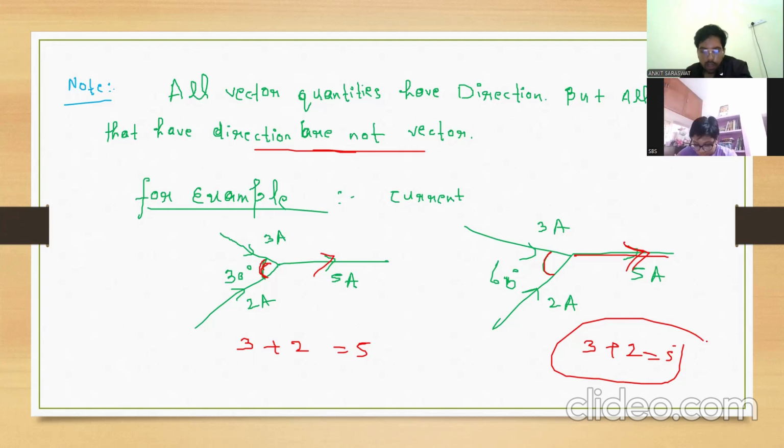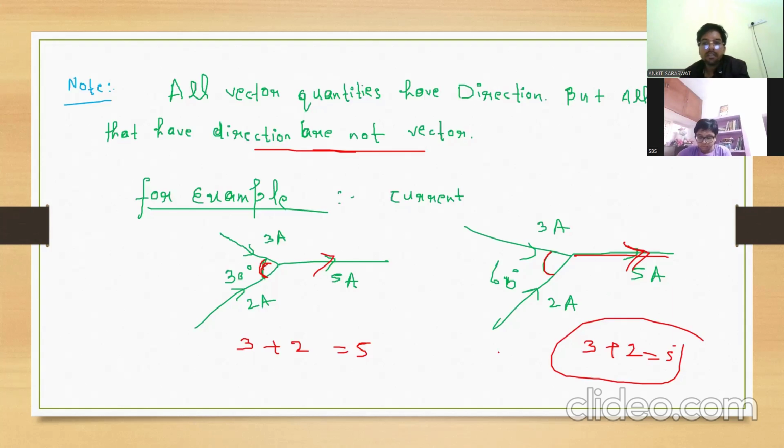So current is a scalar quantity, not a vector quantity. Never say current is a vector quantity. Current is scalar because it obeys the law of algebra and does not obey the vector law of addition.